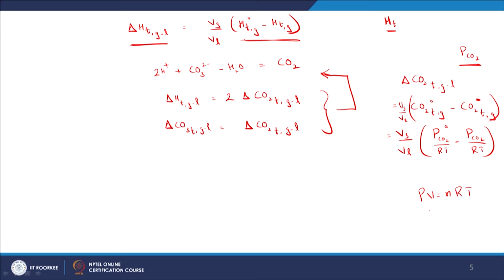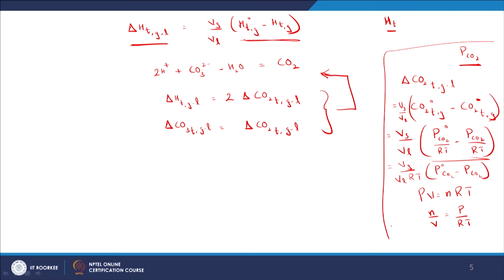And so your n by V, which is your concentration here, is going to be equal to P by RT, and that's what we have here. So that's going to be Vg by VL into RT into the initial partial pressure minus the equilibrium partial pressure. Anyway, this is something I believe we are going to use later on down the line.